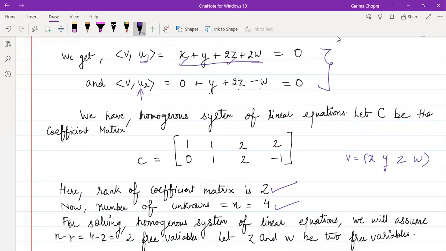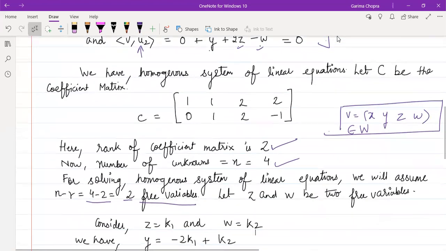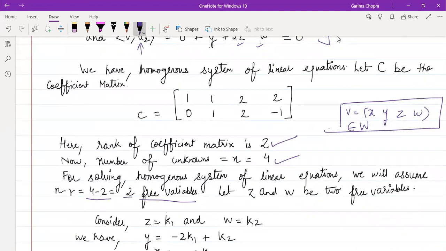So for solving this homogeneous system of linear equations, for finding this arbitrary vector v, which belongs to the subspace W, we have to assume n minus r, 4 minus 2, 2 free variables. Let us assume that z and w are the free variables, and we are assuming that they are free to take any value k1 and k2.